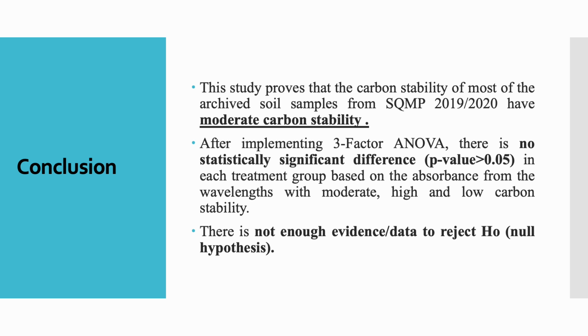In this case, there is not enough evidence to reject our null hypothesis. This indicates that carbon stability will remain stable regardless of slope, depth, and tillage level. That's all, and thank you for listening.